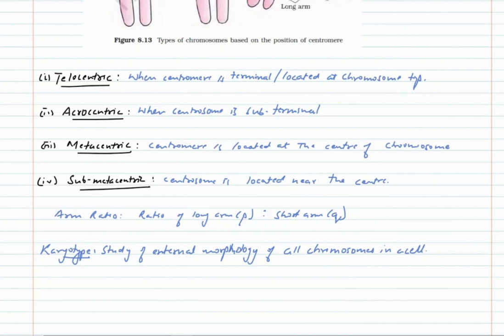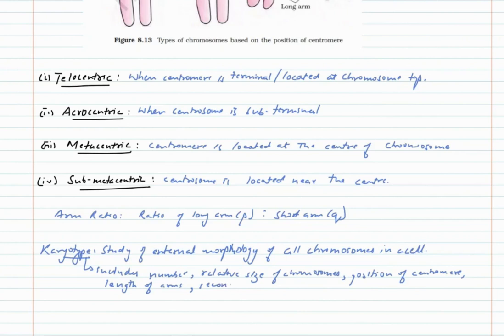It includes number, relative size, as well as position of centromere, length of arms, secondary constrictions, and banding patterns.